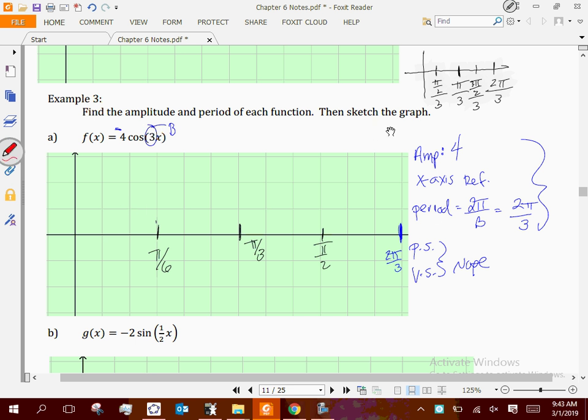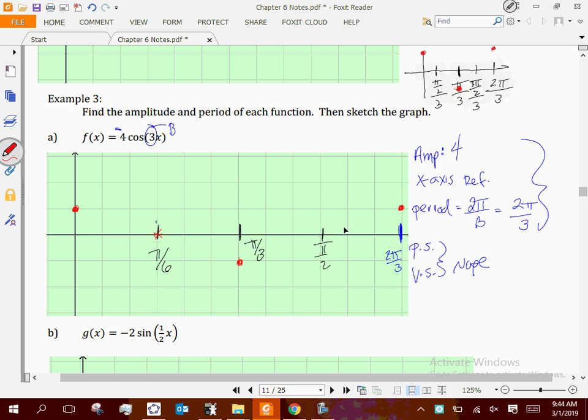If it's a cosine, the parent function started there, finished there, right? Same thing here. Start at a height of 1, finishes at a height of 1. What was it at pi over 3? Halfway in between, it was negative 1, right? So same thing here. Halfway in between, negative 1.